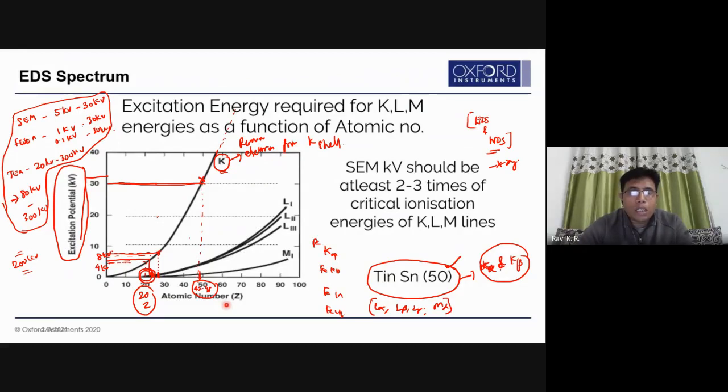That means you have to use only elements with atomic number less than titanium. If you are using lithium fluoride 220, as I said, you start getting only from 22 to 47, the range where you can get K alpha values.